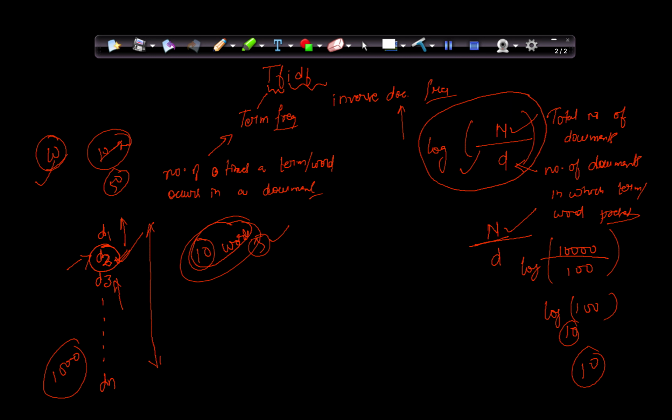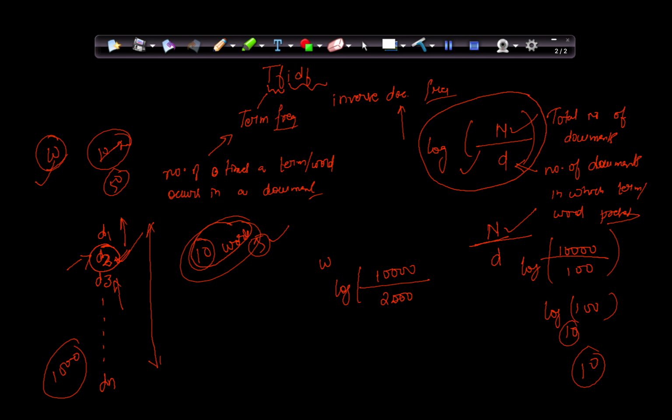Now, just for comparison, suppose there is another term or word W for which there are a total of 10,000 documents, and that word was present in 2,000 documents.